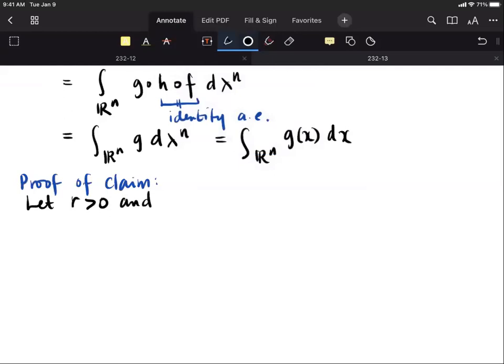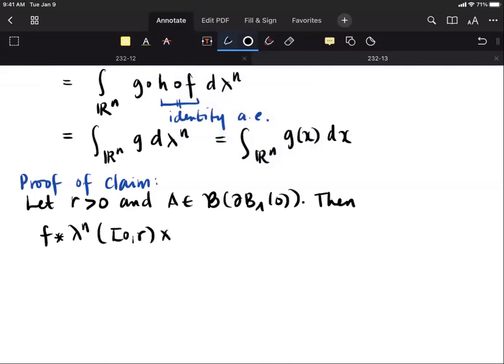So start with a positive R and an element A in the Borel sets of the unit sphere. Then let's start with the image measure of this Cartesian product.